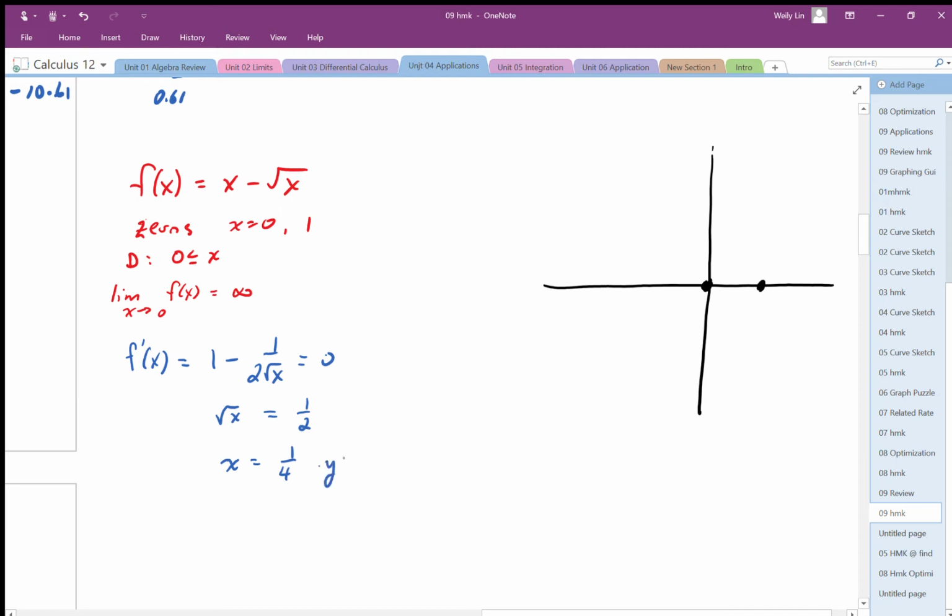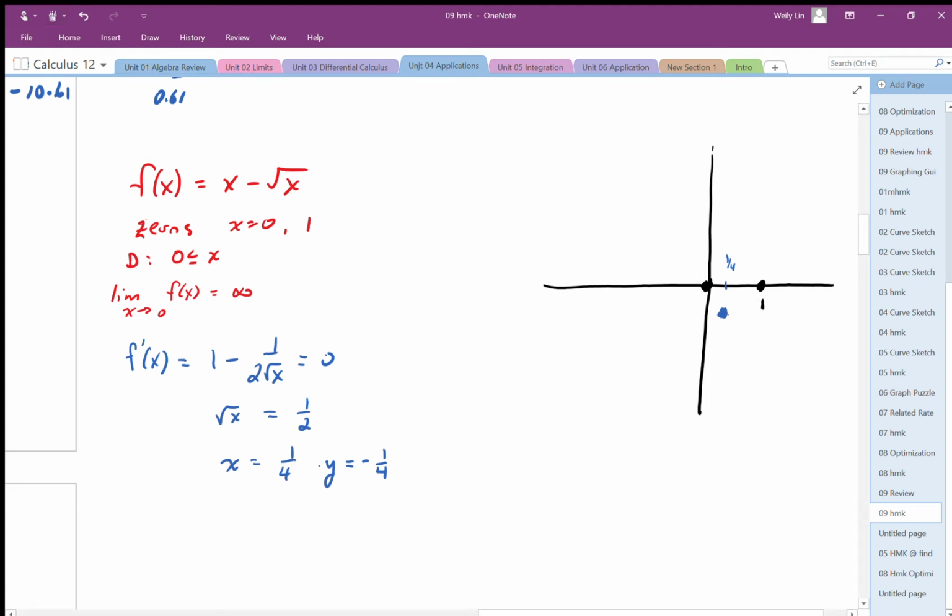And that makes the y value, when I plug it in, 1/4 minus 1/2. So the y value ends up being -1 over 4. So we're going to have some minimum point somewhere around there. That's going to be 1/4, and that second 0 is at 1.